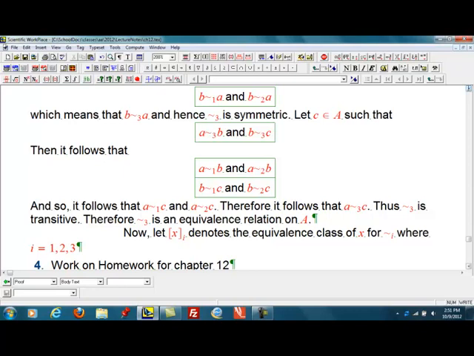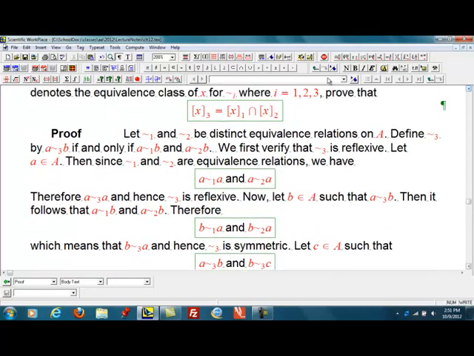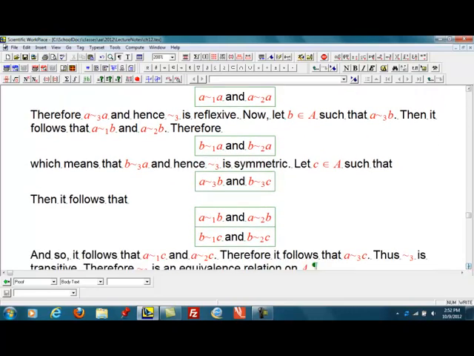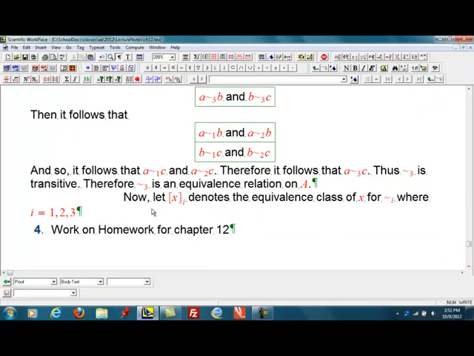Notice what we have to show deals with set equality. How do you show sets are equal? Subsets of each other. So let's start with something in the equivalence class for 3, our third equivalence relation. So we're going to have A be in our equivalence class with the third equivalence relation.